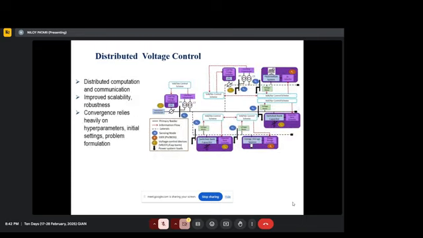And then you have distributed voltage control. As I talked about, you have different agents like switched capacitor banks, load tap changers, PV controllers, and all of them. In distributed control, you have distributed computation and communication. Distributed computation means that each of the agents is capable of doing computation on its own. Suppose the energy storage system controller, right?